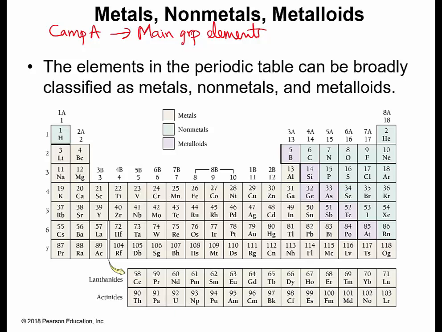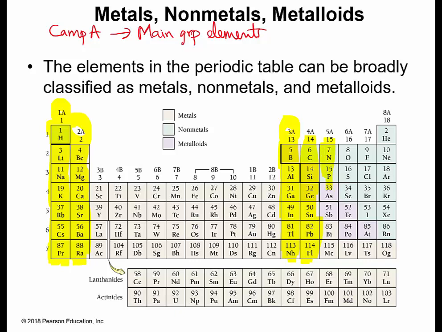Let us identify the Camp A elements. Group 1 will now be called Group 1A, as you can see up here. Group 2, we will now call it Group 2A. Group 13 will now be called Group 3A, as you can see here. Group 14 will now be called Group 4A.